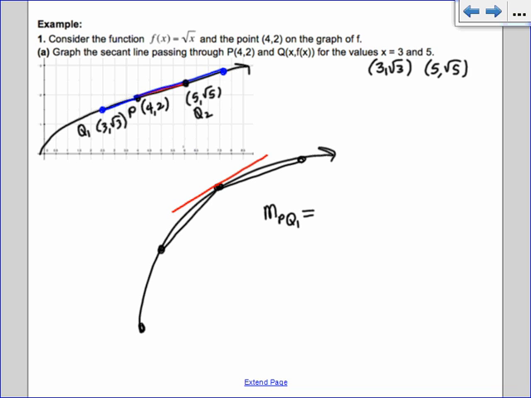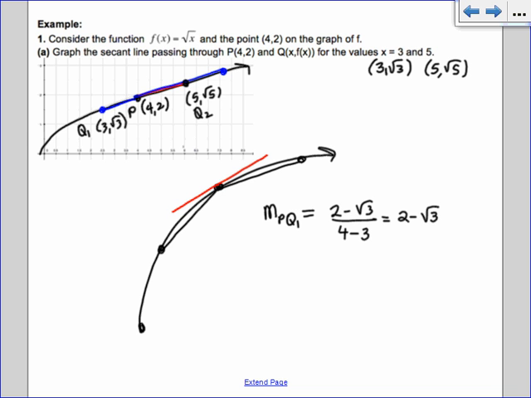All right, so if I'm doing that one, it's going to be 2 minus root 3 all over 4 minus 3. So we get 2 minus root 3. If you wanted to know a decimal approximation, just put it into your calculator real quickly. Root 3 is around 1.7 something.